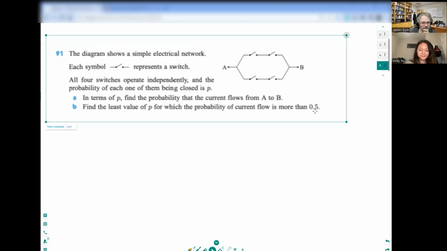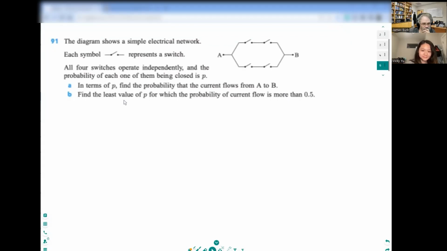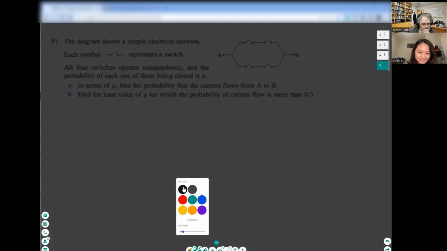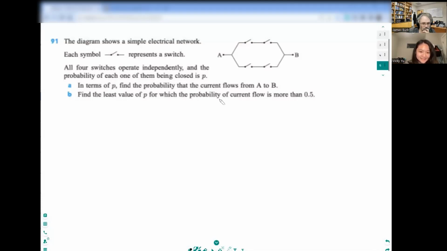Oh my. What's happening here? Yeah, I was just confused how to find the probability with the diagram on the right. Okay.